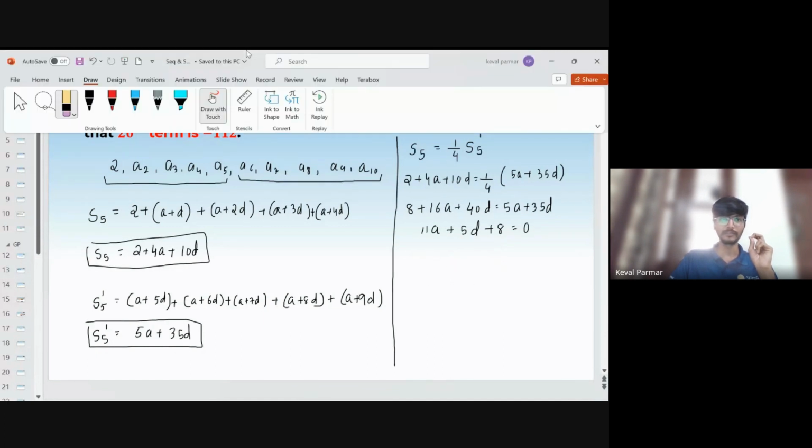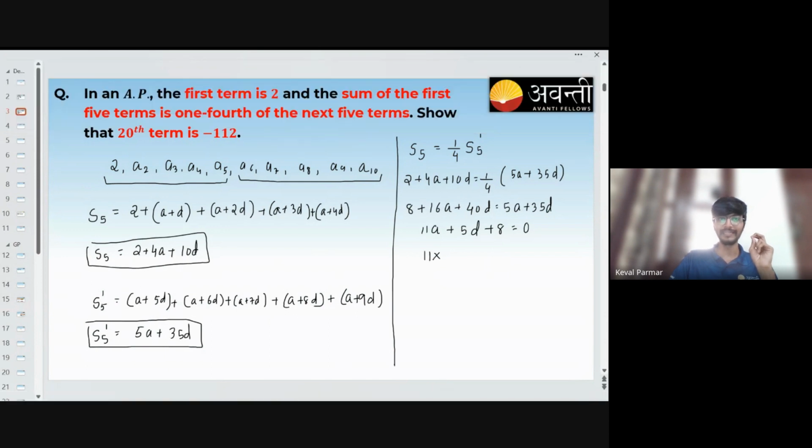A is the first term. This will be 11 into, what is the first term? It is 2. So 11 into 2 plus 5d plus 8 is equal to 0. That means 5d will be equal to minus 22 minus 8, so minus 30. That means d will be equal to minus 6.